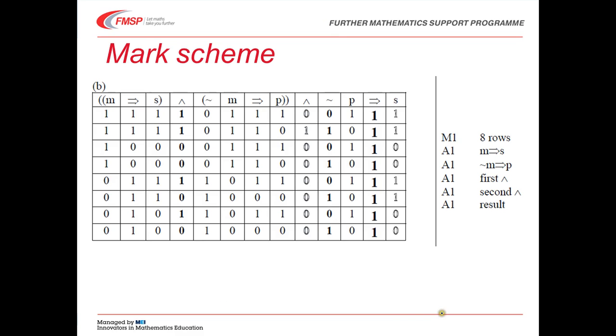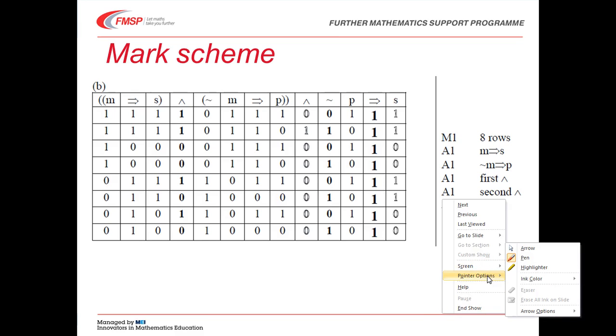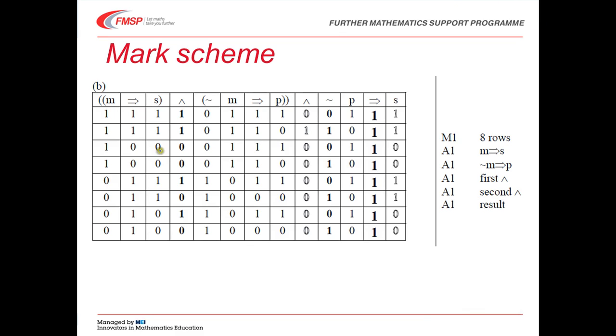If we have a quick look at the mark scheme over here, what we've got is a beautiful copy of what I just did. You get a lot of marks for this, but the first mark is the M mark. All of these A marks depend on the M mark. So if you don't get that M mark, you won't get any of the following 5 marks, and that's a really important thing to remember, because that M mark is for trying to draw a table with 8 rows.